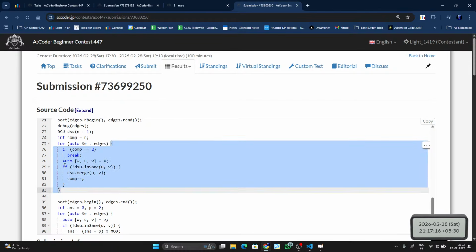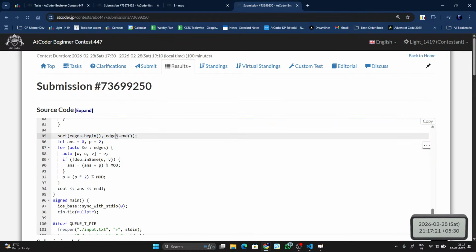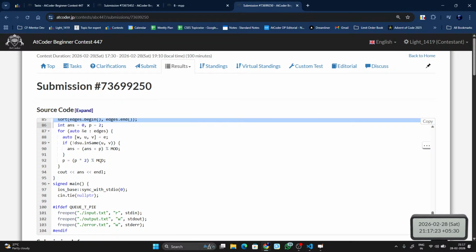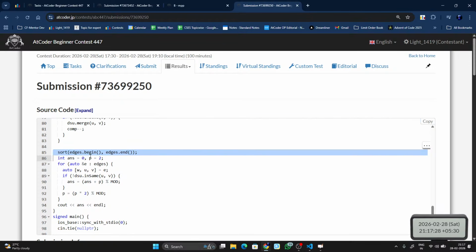With this, we will have created our maximum spanning tree. Next, I will sort all the edges, and after sorting all the edges, I will go and check.